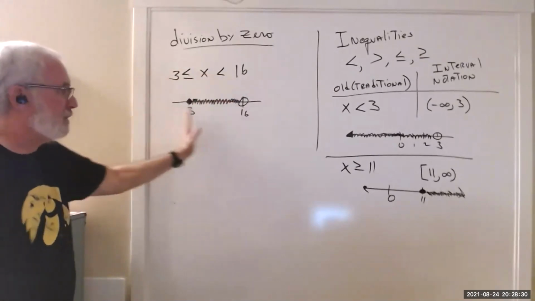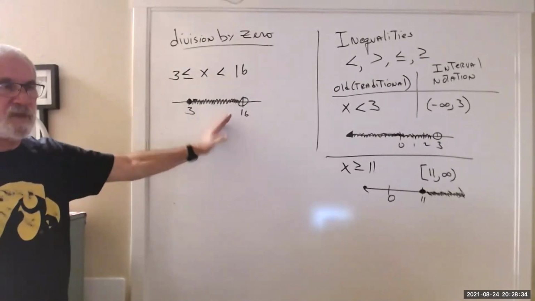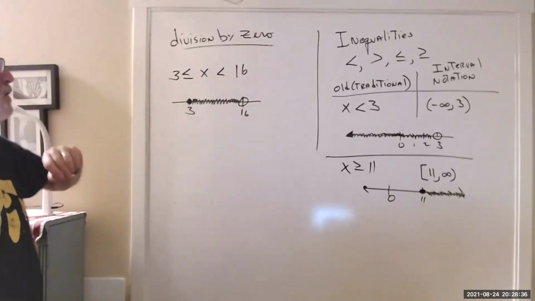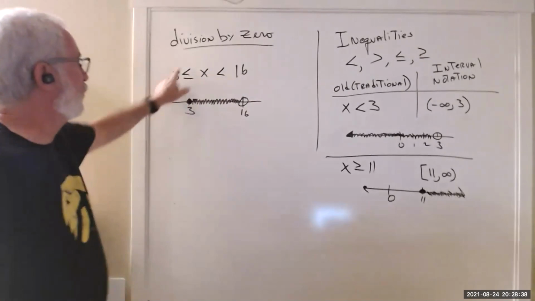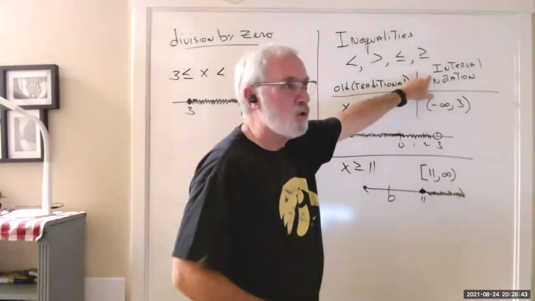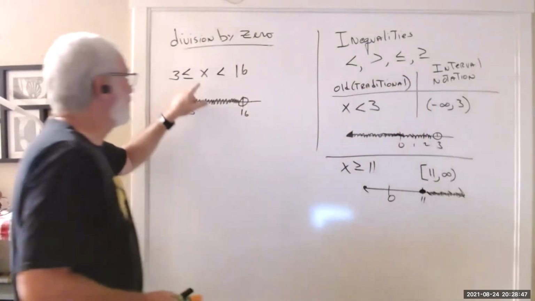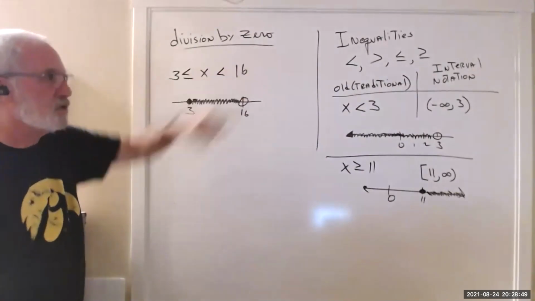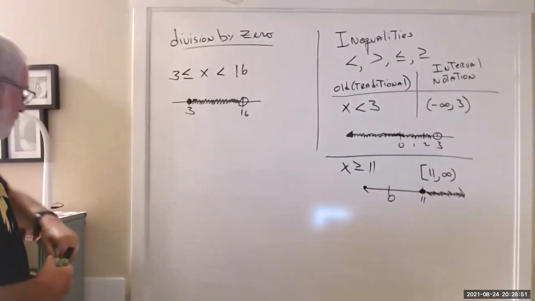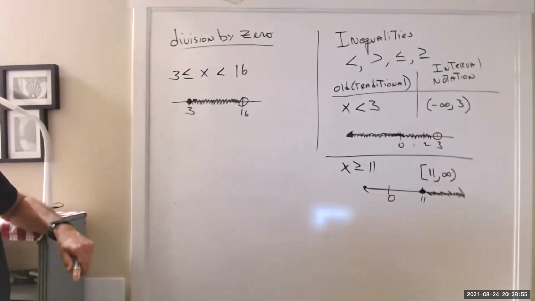This would be its graph. Okay, take a second to think about what this notation or this graph would be in the new interval notation method. How would we describe this using interval notation? You don't have to shout it out. I just want you to think about it for a second.